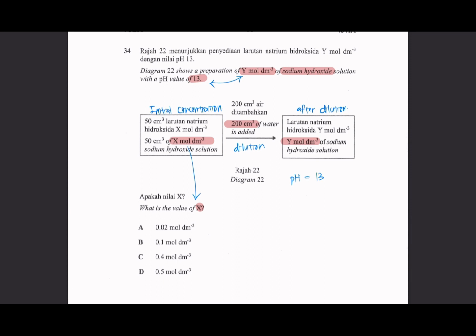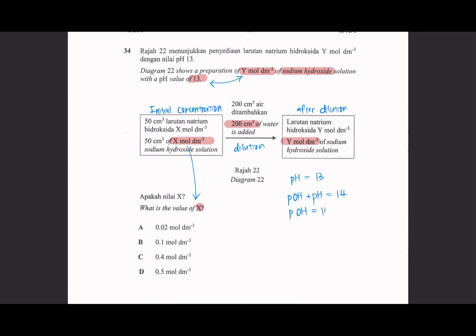Another thing you have to be careful of is our sodium hydroxide is alkaline, so we have to find the pOH. The pOH and pH sum together equal 14.